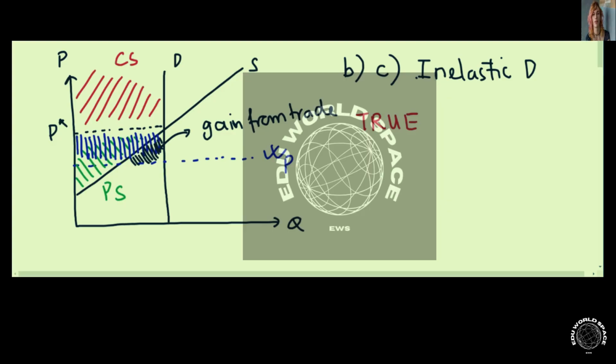There is a gain from trade, which is represented by this black triangle, and this area belongs to the new consumer surplus, so consumers still gain from trade. However, let me finish writing that down.